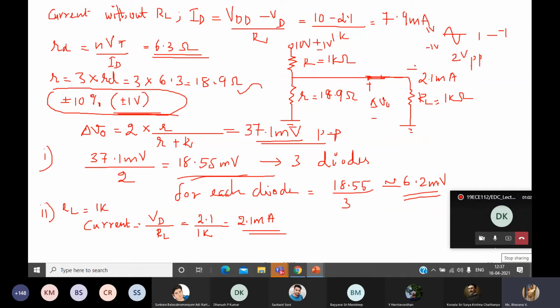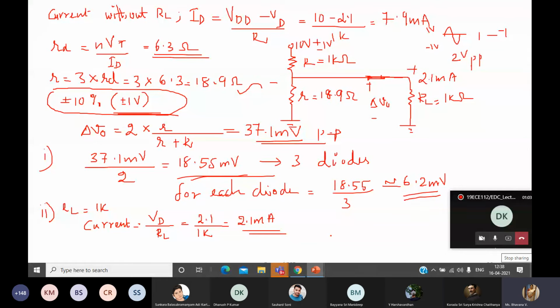Here it is positive, here it will be negative. That concept you know, right? First year electrical, that subject you might have studied. The load is drawing a current of 2.1 milliampere. So the current through this diode will be minus 2.1 milliampere. Magnitude will be the same, direction will be opposite. Is this clear to you?